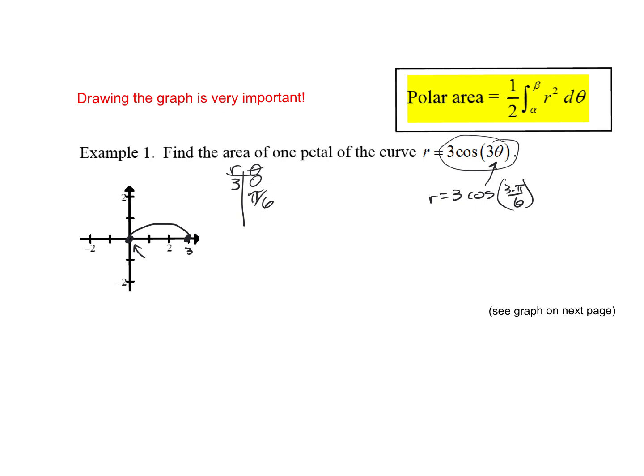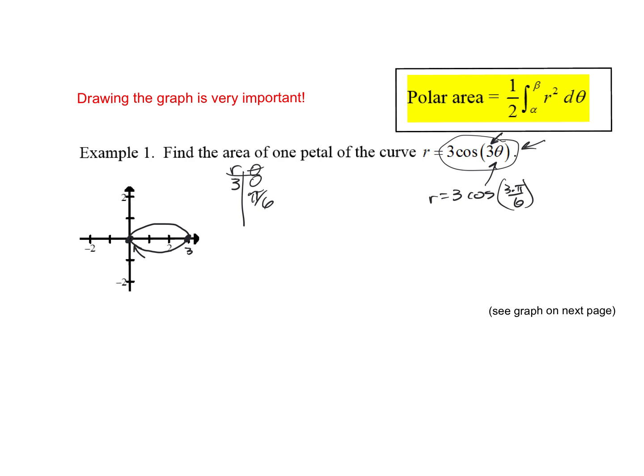Remember, if it's a cosine graph and it has an odd number in here with the theta, then it's a rose petal graph. And this would have 3 petals on it since it's an odd number, and each one of those petals has a length of 3 on it, or a radius of 3. So there's one of my petals, and I think it's just a good idea to know what these look like.